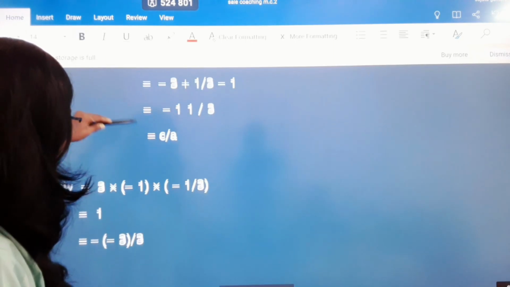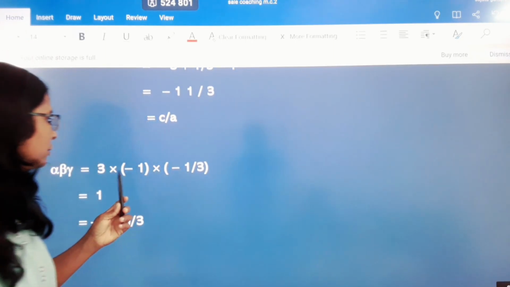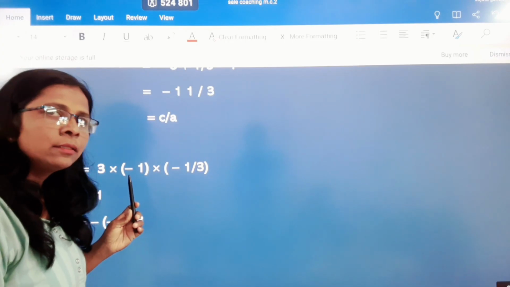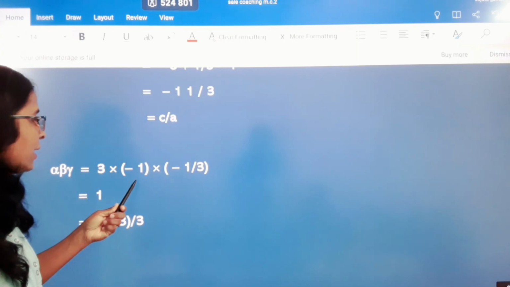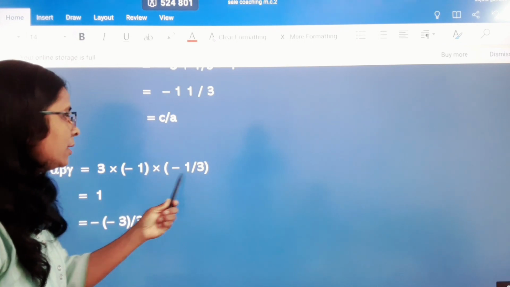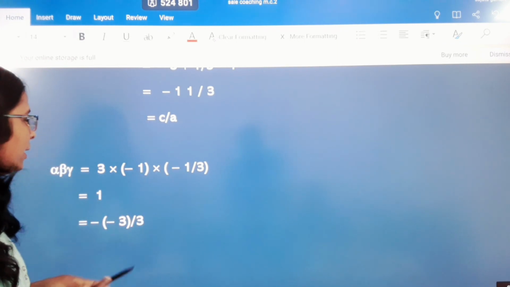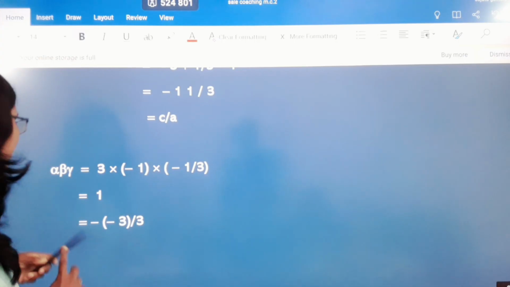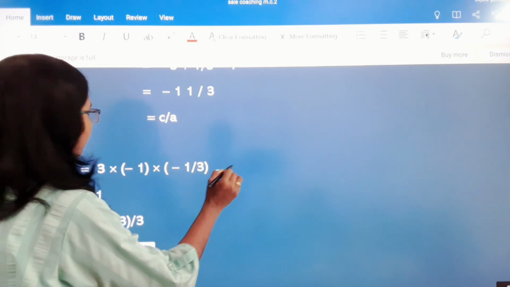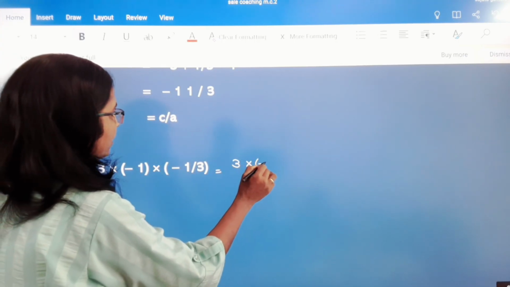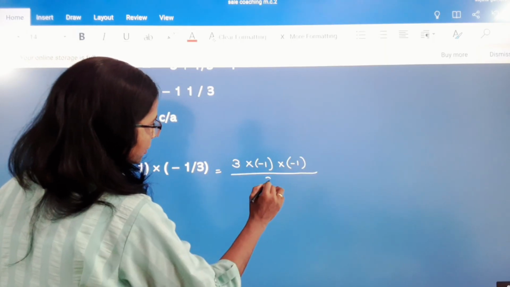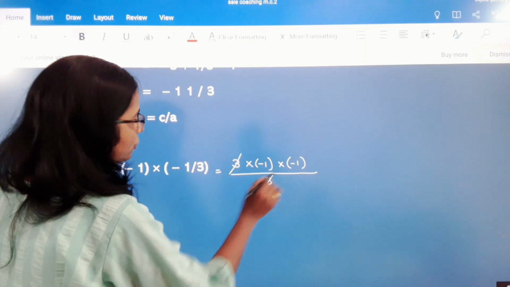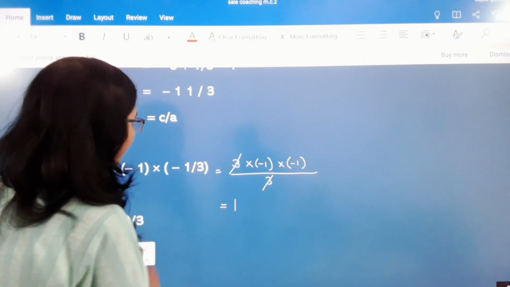Now the third formula, alpha beta gamma. Here alpha is 3, beta is -1, and gamma is -1 upon 3. After multiplying we get 3 multiplied by -1 multiplied by -1 and divided by 3. So it gets cancelled, -1 into -1 will be 1.